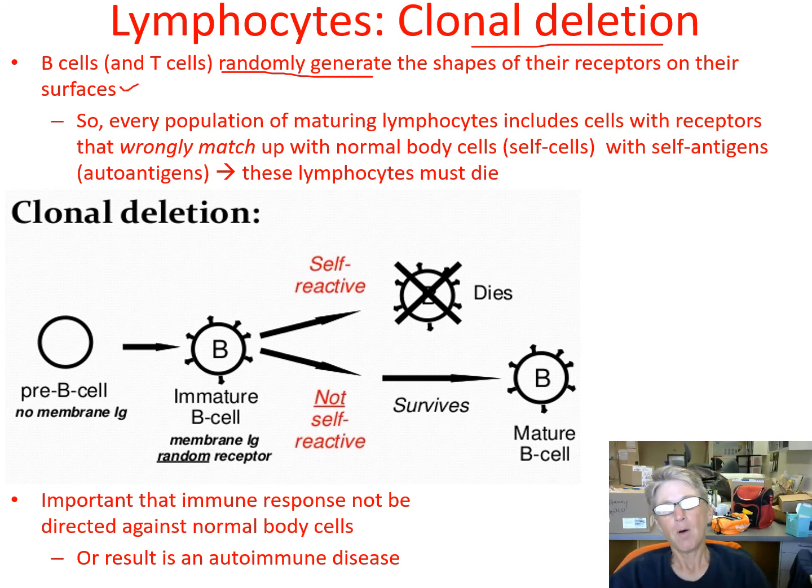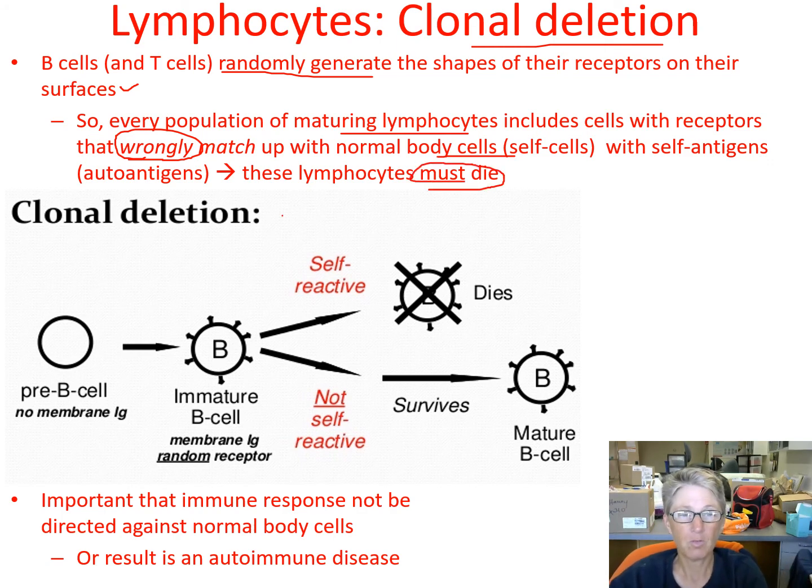So every population of maturing lymphocytes, remember, B cells mature in the bone marrow, T cells mature in the thymus. When these young lymphocytes are maturing, some of their receptors that they generate, so some B cell receptors or T cell receptors, wrongly match with normal body cells or self cells. Those lymphocytes must die or you'll get an autoimmune disease.